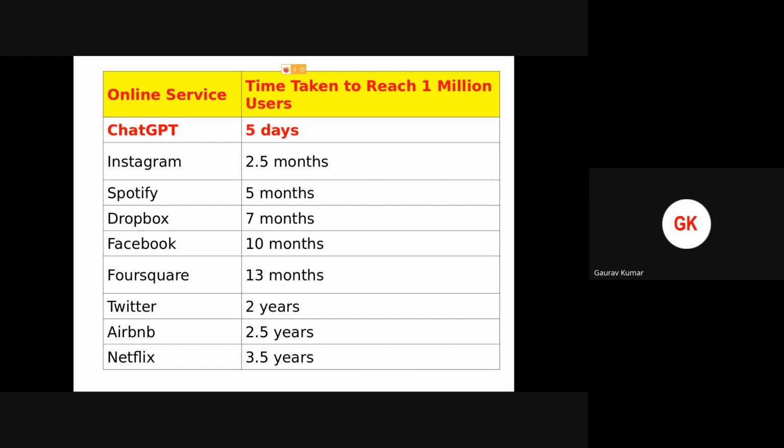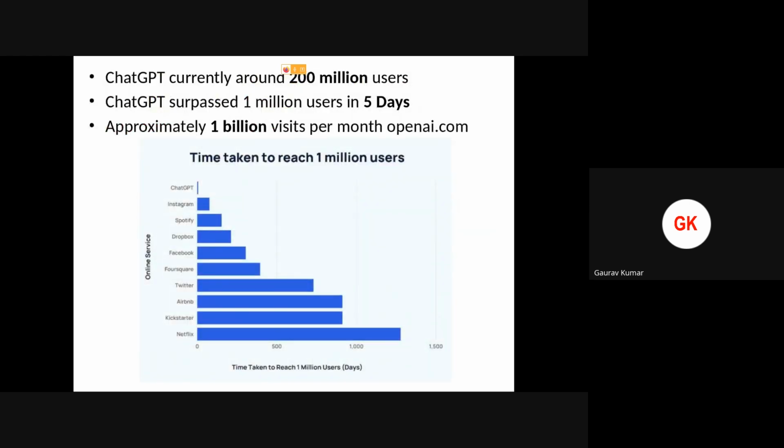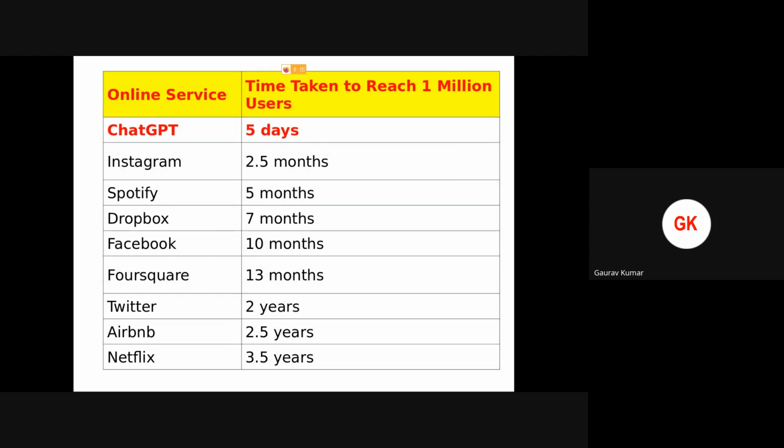Each and everything is available on ChatGPT, and not only ChatGPT, I will also show you some other tools which we can use for our routine applications, for office automation, for teaching and learning. So you can see this prominence, and how many users are there in comparison to other platforms. How famous is it?